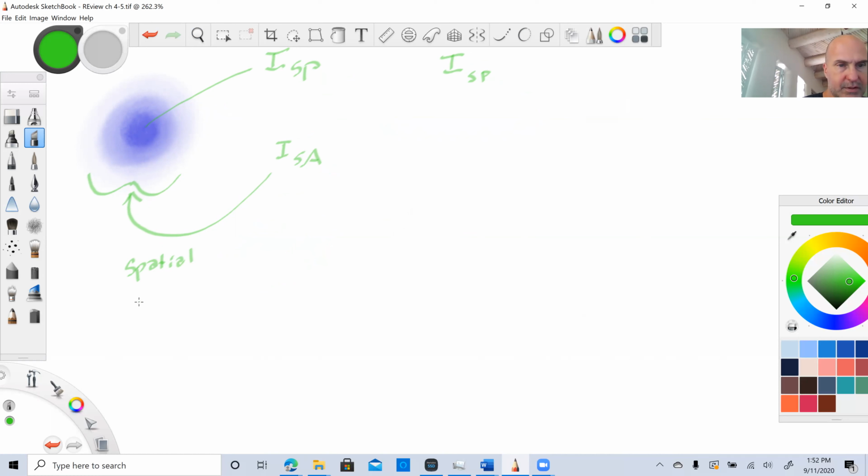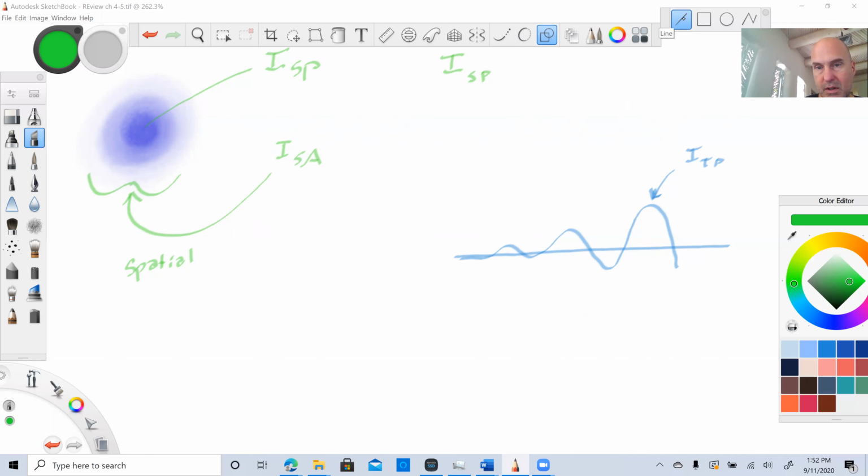And then there's peak intensity or intensity temporal peak, and intensity temporal average.